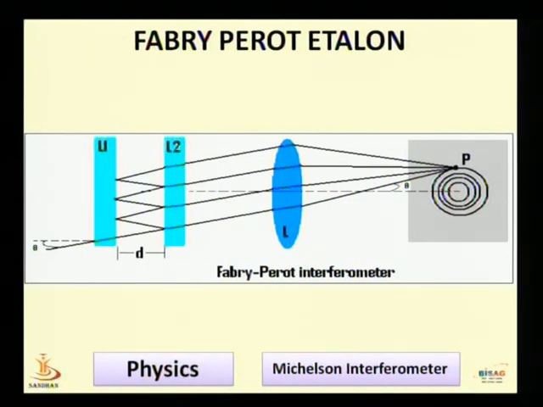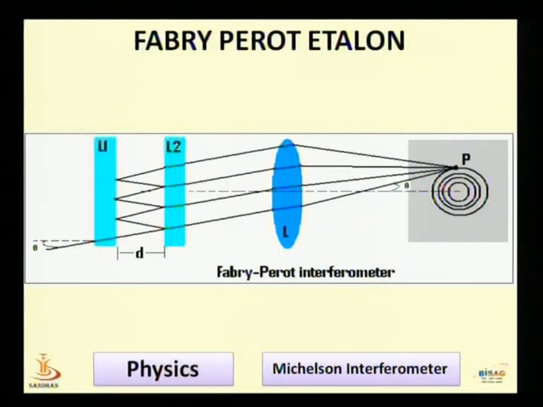The basic difference between the Michelson interferometer and the Fabry-Perot etalon is this: in the Michelson interferometer two beams interfere, whereas in the case of the Fabry-Perot etalon we have the multiple reflection of the same beam, and hence we get much clear, visible or sharp images of the fringe, and hence we will be able to measure even an accurate, small change of the shifting of the fringes.